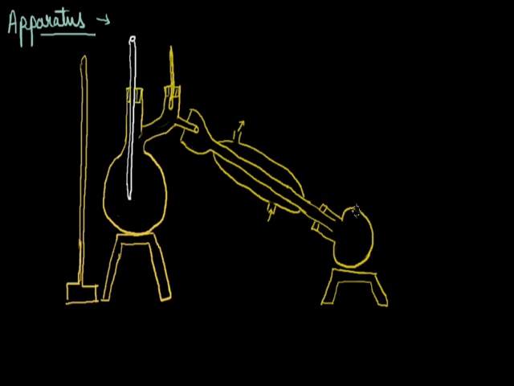Now this receiver is attached with a vacuum pump, due to which there will be created vacuum. This is the connection to the vacuum pump.